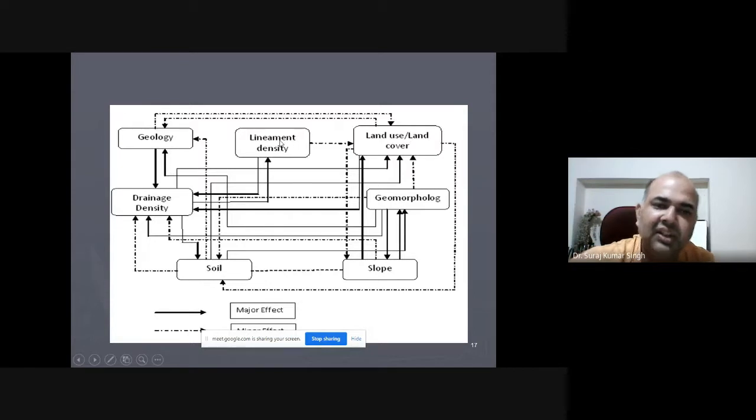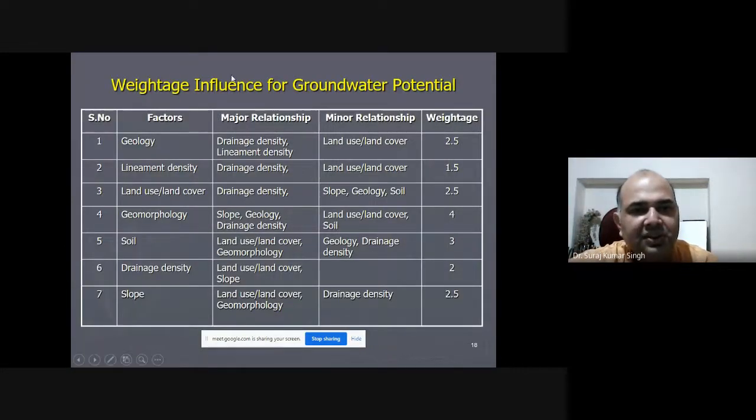In the same way, we create it for lineament density, land use, geomorphology, slope, soil, and all these things, which will be minutely analyzed and scientifically judged to provide a weight. So if you consider the factor geology, there are factors with which it has a major relationship and factors with which it has a minor relationship.